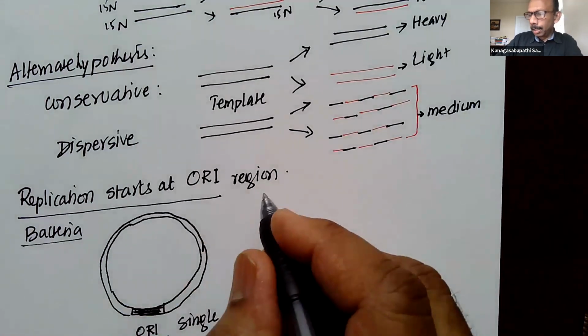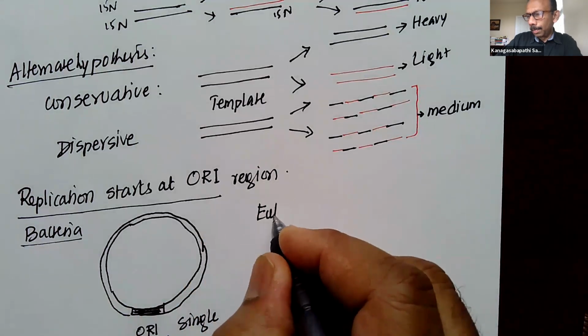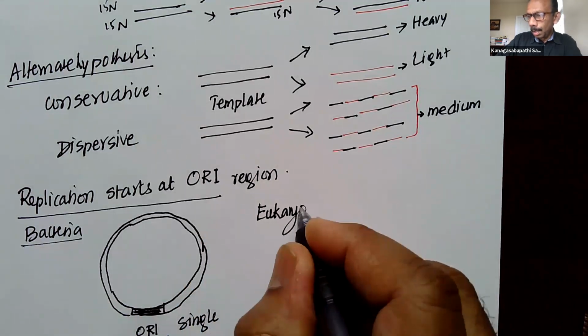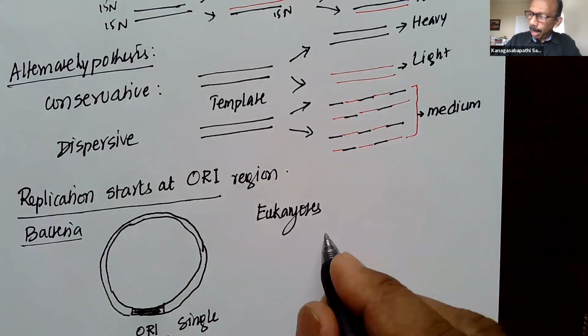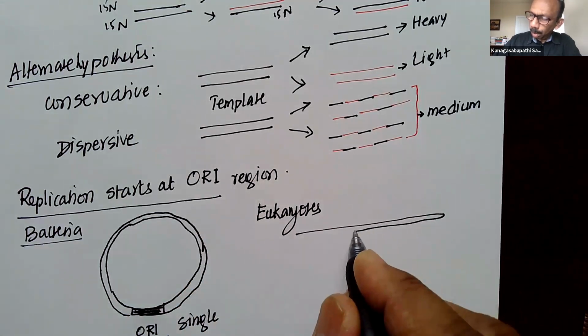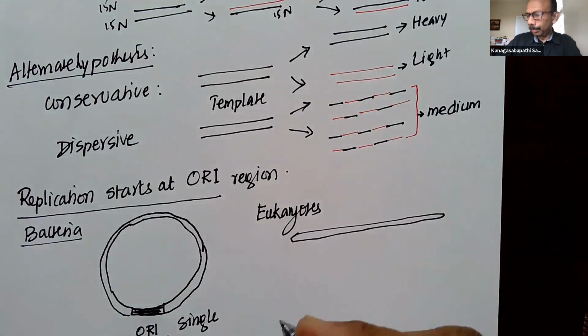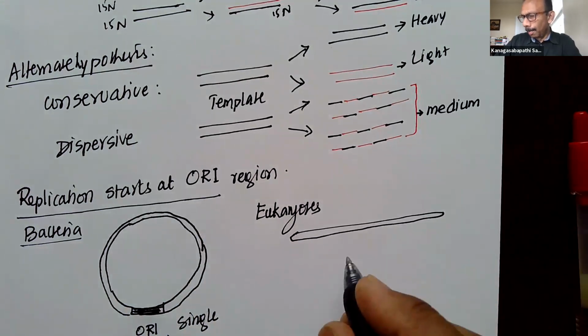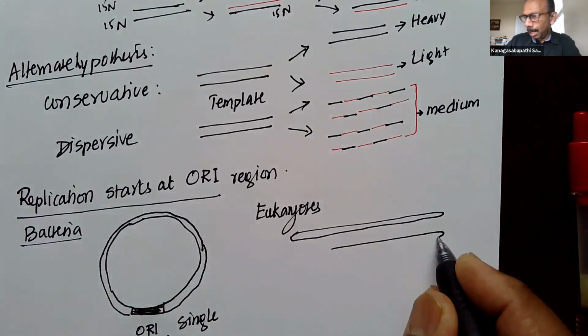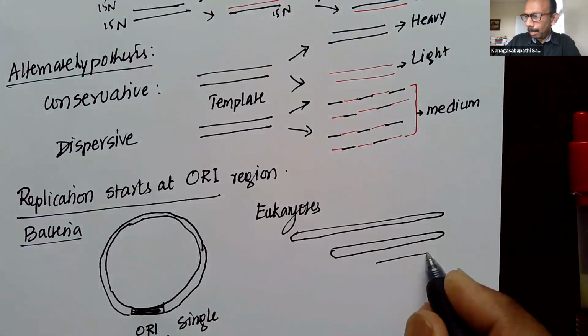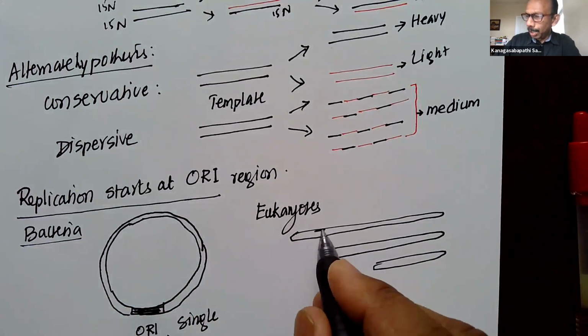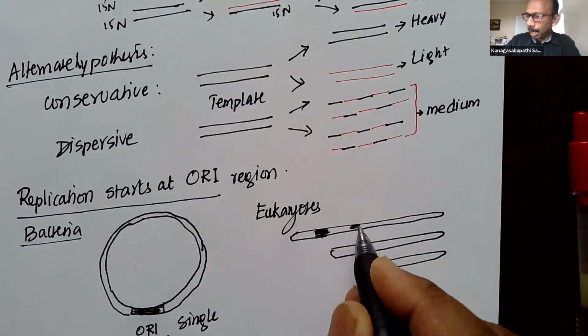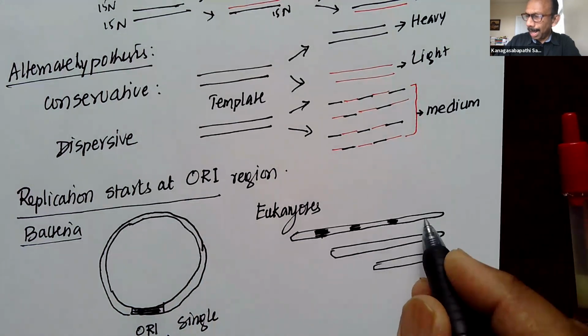In the case of eukaryotes, they have multiple linear chromosomes. And they have multiple origins of replication because it's long and complex.